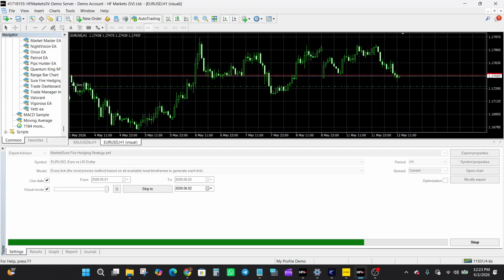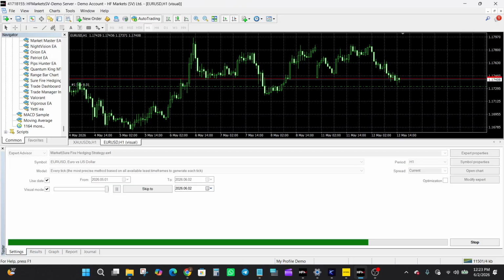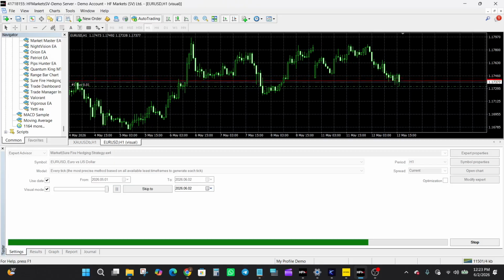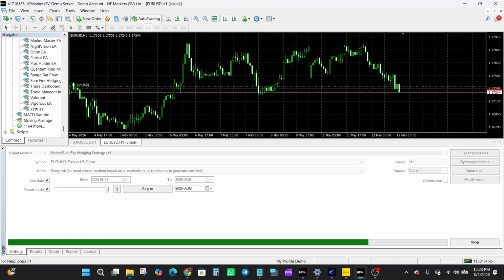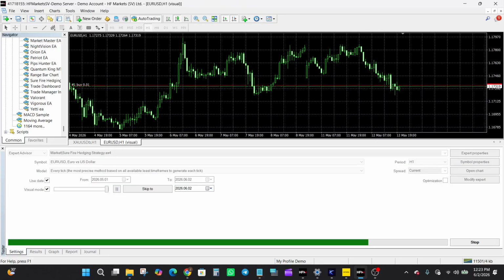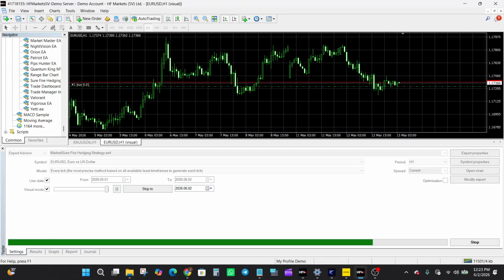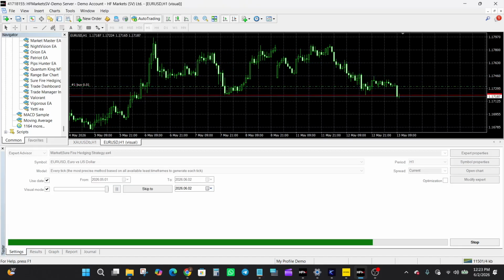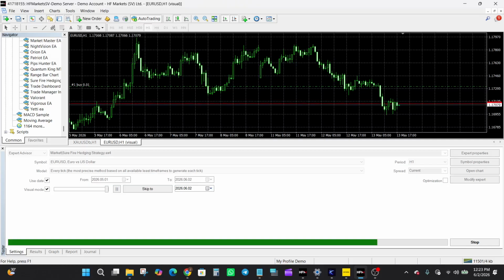Now, without assuming internal decision making, what we can observe is the overall structure of trade management, including how positions are layered, how exposure increases over time, and how the system reacts during extended movement phases.